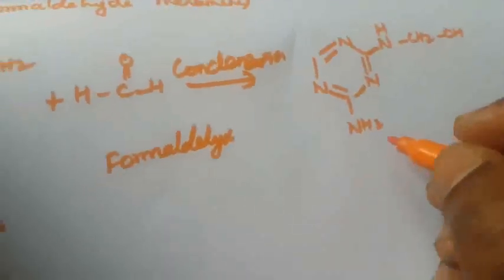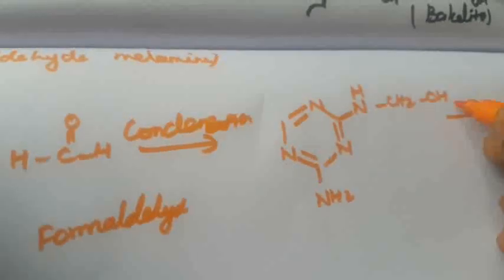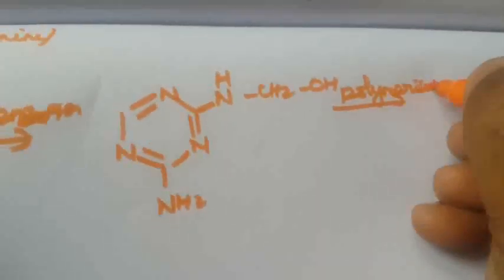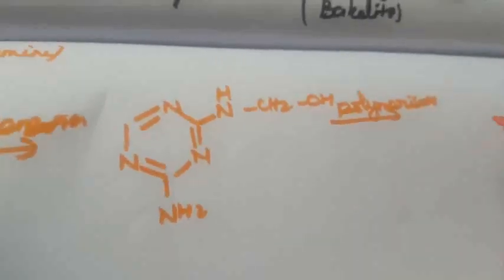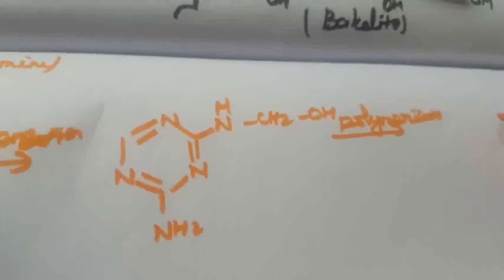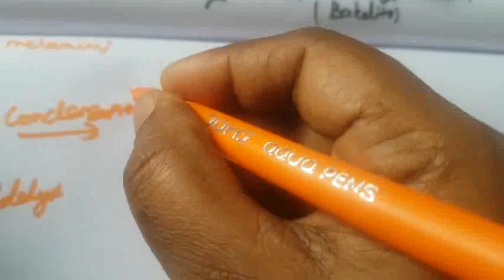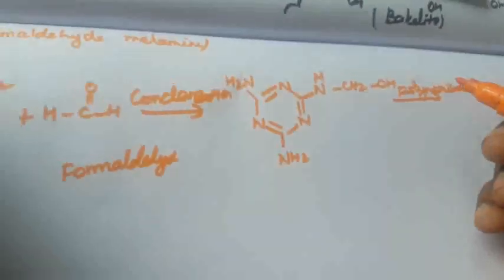After that it polymerizes. This is condensation, and next it polymerizes. What will be formed? This is the same compound, and the other side will also be formed. So the same compound, H2N, right? The same compound will be there.